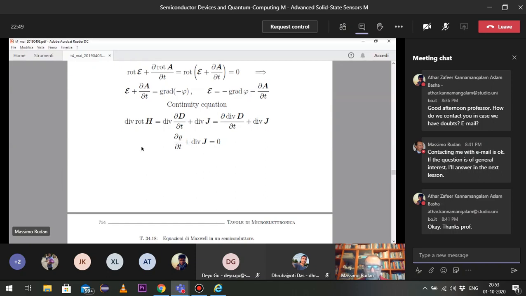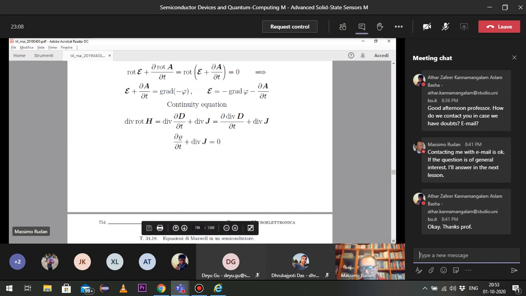So this is the meaning of the continuity equation, okay? Now we must specify these expressions that are fully general to the case of a semiconductor.